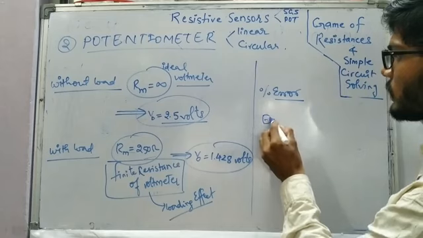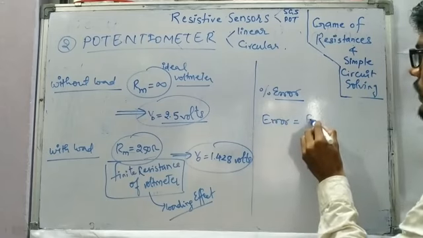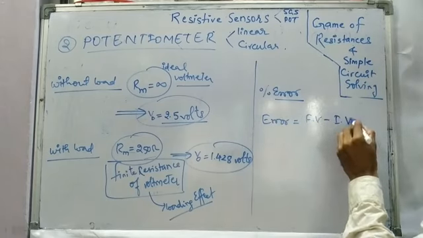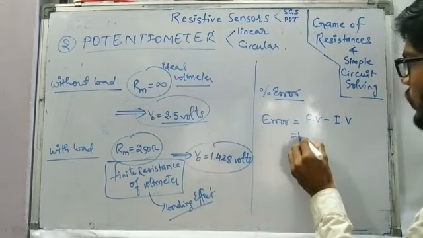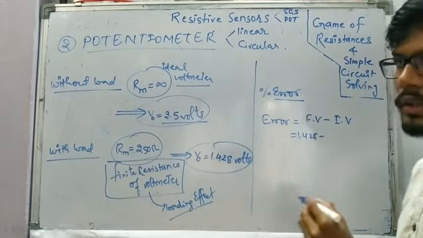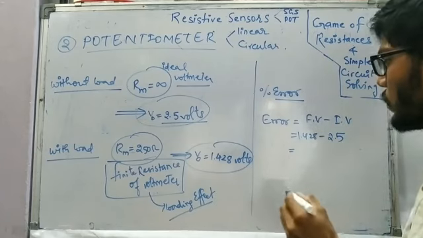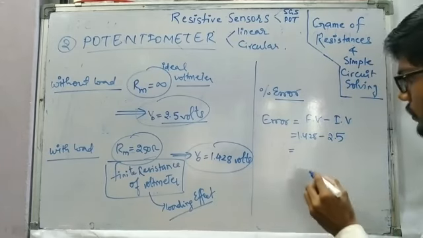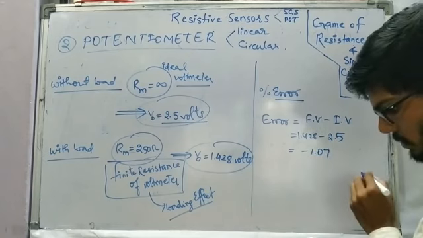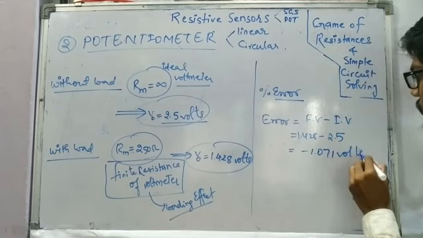So the error is final value minus initial value. So the final value is going to come out as 1.428 volt, and the initial value, the voltmeter was giving us 2.5 volts. So the error is going to become minus 1.071 volts.